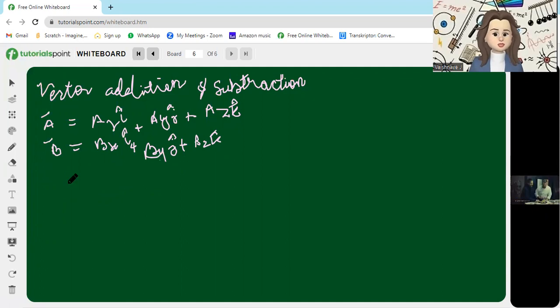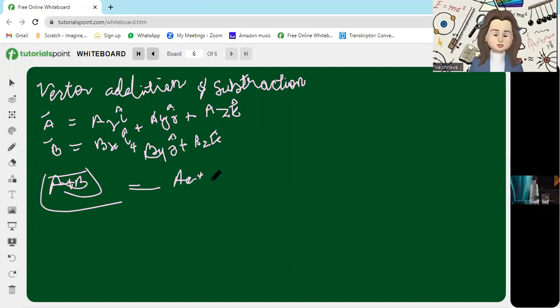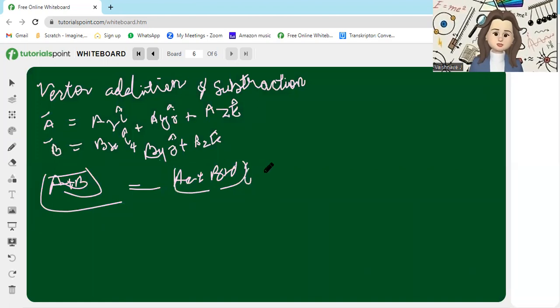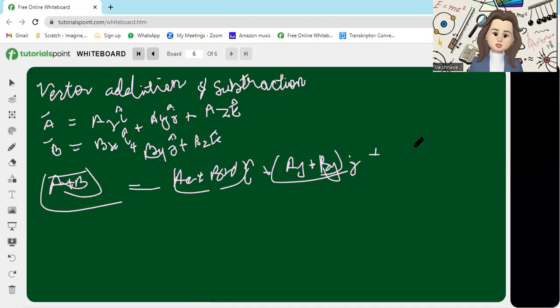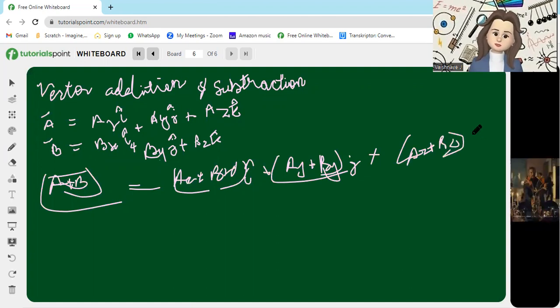Now A bar plus B bar is equal to, we'll just add the terms. Ax plus Bx whole i cap, plus Ay plus By whole j cap, and plus Az plus Bz whole k cap, right?